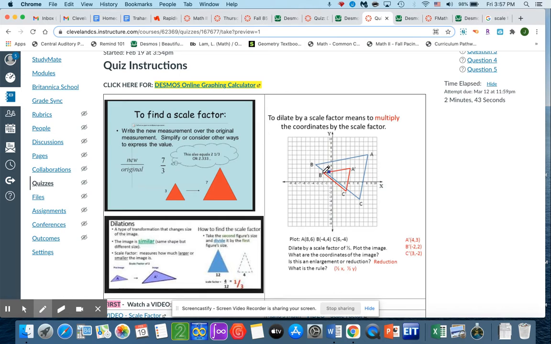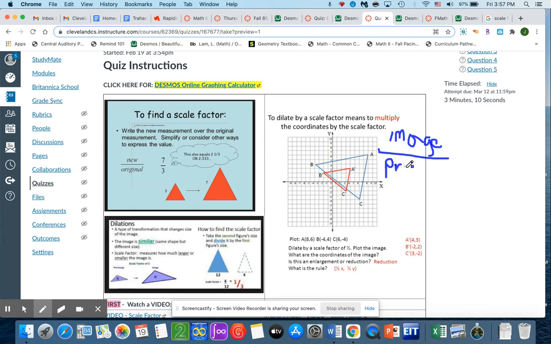So if I knew what the length of this segment right here was, then I could divide, and this one right here, I could divide. Okay, so once again, for your scale factor, you've got your image, which is after any type of dilation. So that is your new, and this is really sloppy, but you can figure that out. And this would be divided by pre-image.